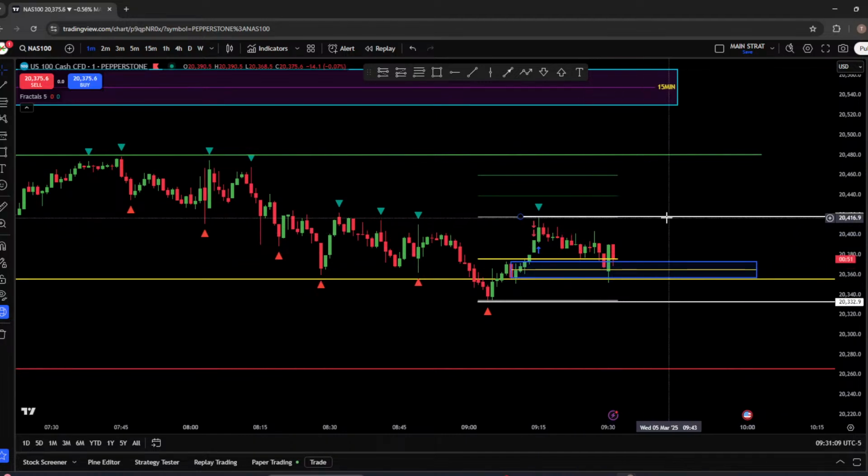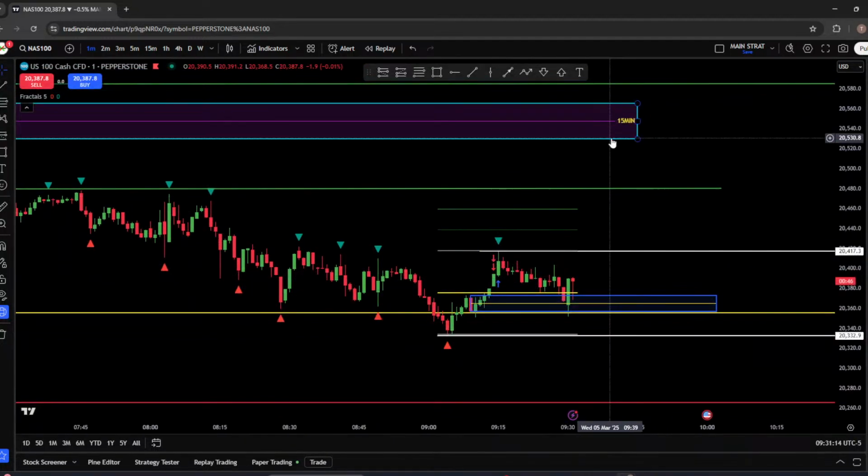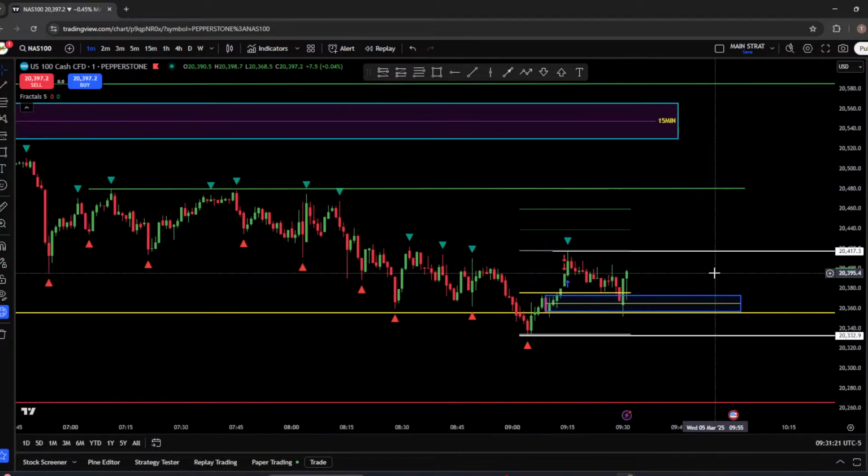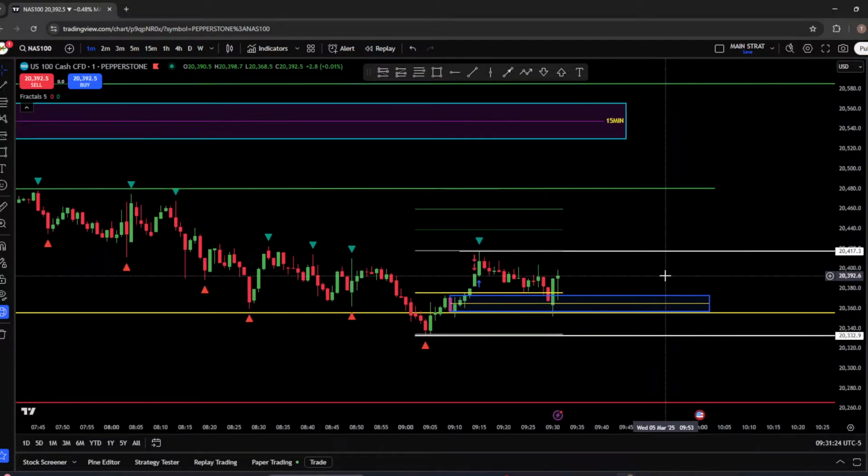If we get a break of this structure up here, it'd be really nice to get some continuation up to that 15-minute, and then to this buy side here. It's kind of what we're looking for. I have a feeling that today is just going to go for it.